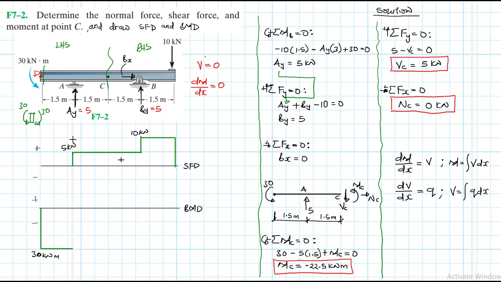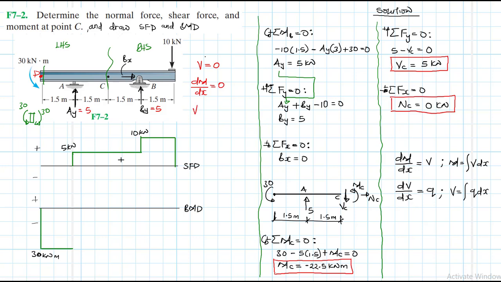But when you reach this point A, this region has some shear, and the shear in this region is positive. Shear is positive, and it has a constant value.